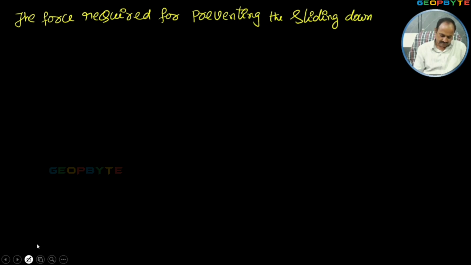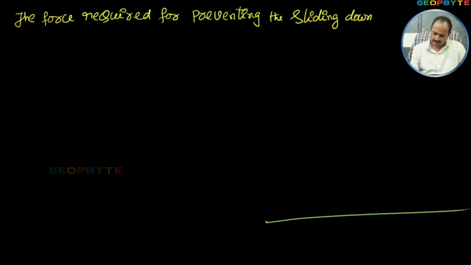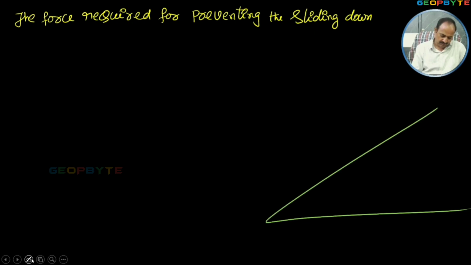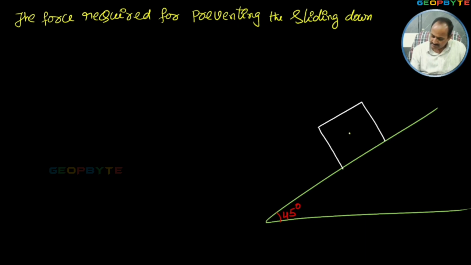For that case, look at the base. This is the plane, and the angle between them is given as 45 degrees. Listen carefully. This is the block. Let me mark the center of gravity. Through that, weight is acting vertically downwards.